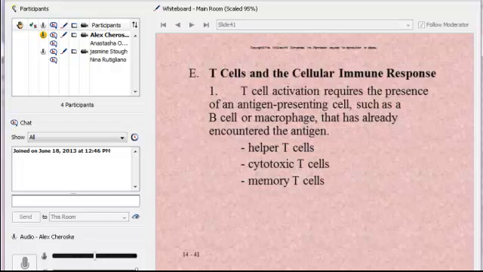There's a certain set of T cells that will release beneficial chemicals that actually stimulate B cells to increase their production of antibodies and things like that. So helper T cells don't go out and attack the pathogen. What they do is they boost the B cell response, and that's the way they get their name. Okay, so that's another category of T cells, helper T cells, cytotoxic T cells, and the last group are the memory T cells.